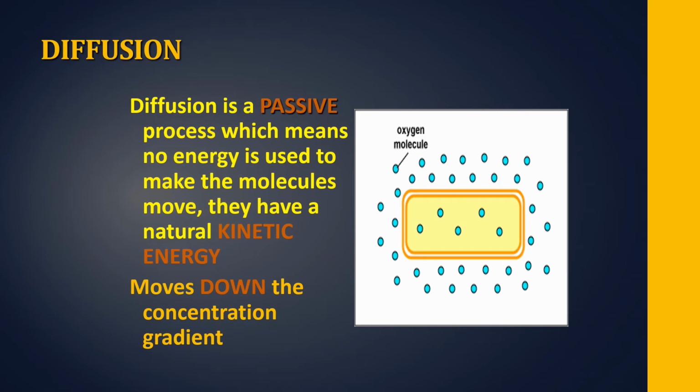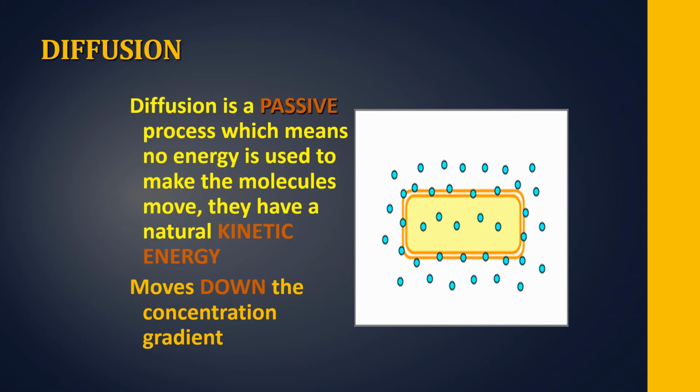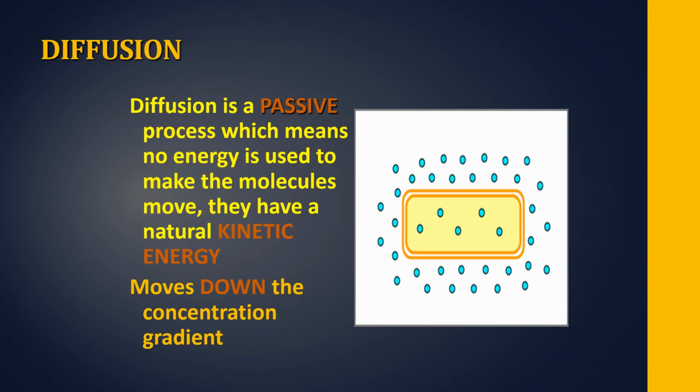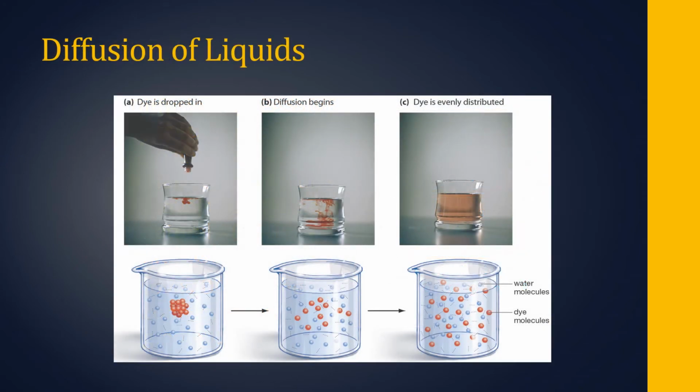So look at the illustration very well. That is an example of diffusion. Another example of diffusion is if you are going to drop a dye in a beaker of water. Diffusion causes the dye to move from high dye concentration to low dye concentration, and the colors become very blended in water.